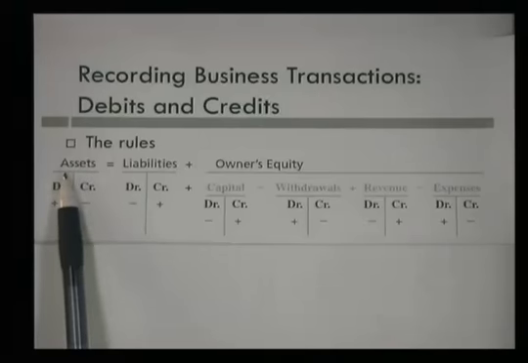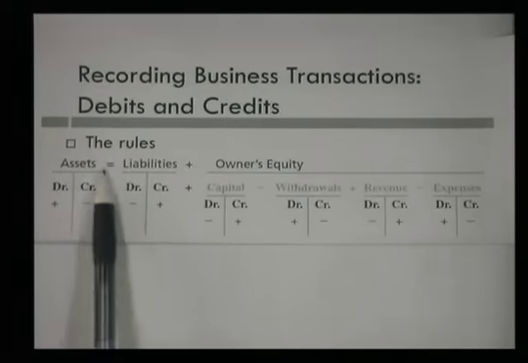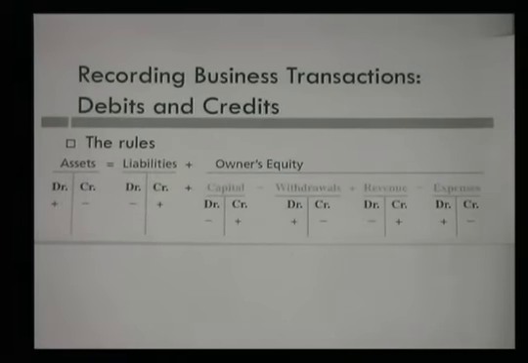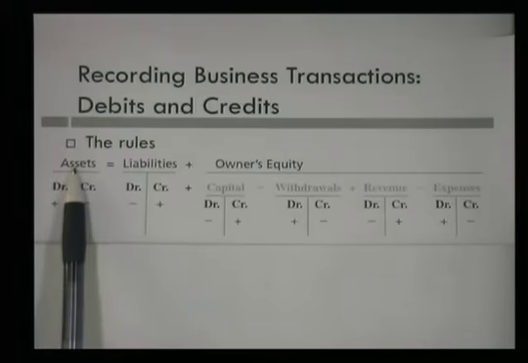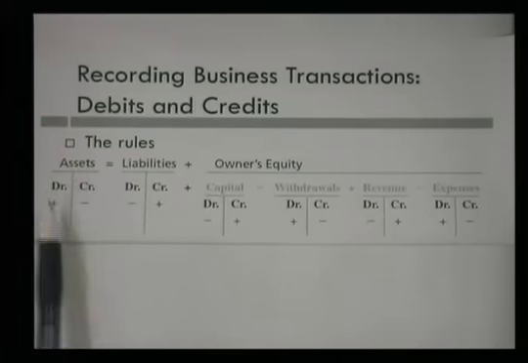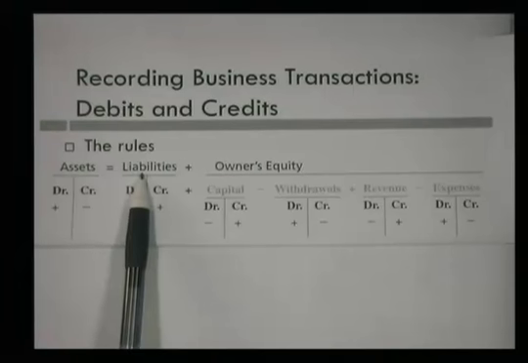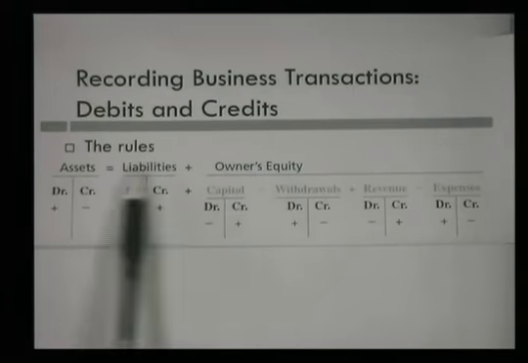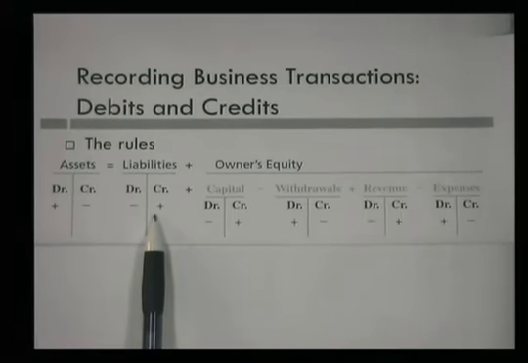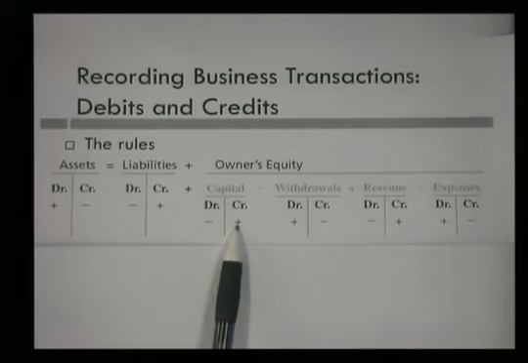So we have our basic accounting equation, assets equals liabilities plus owner's equity. On the left-hand side of the equation is assets. Notice in an asset account, it is increased on the debit side. Liabilities and owner's equity are on the right-hand side of the equal sign. They are increased on the right-hand side of their accounts.